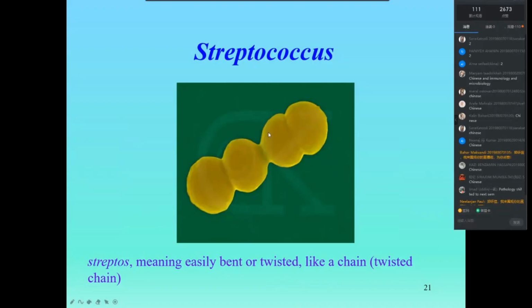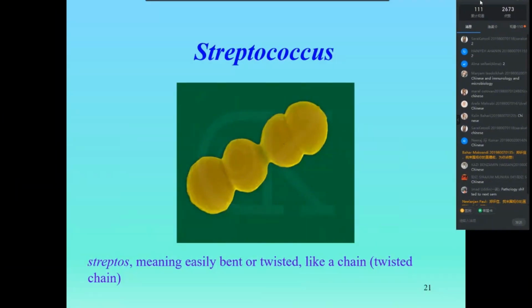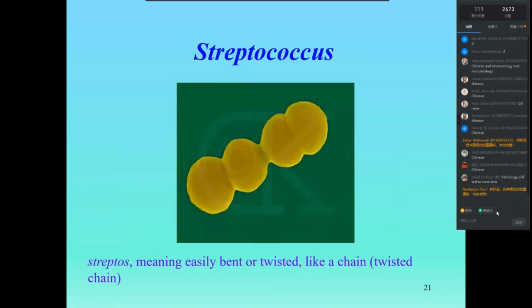So based on these different reactions or different methods, we can derive useful information for diagnosis. First, we learn hemolysis. Hemolysis, here in this word, hemo means blood.